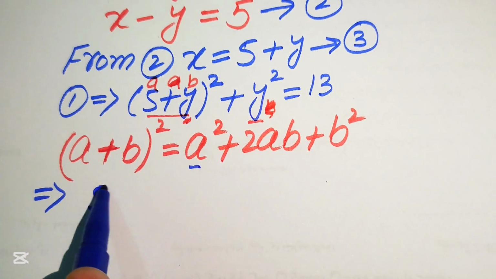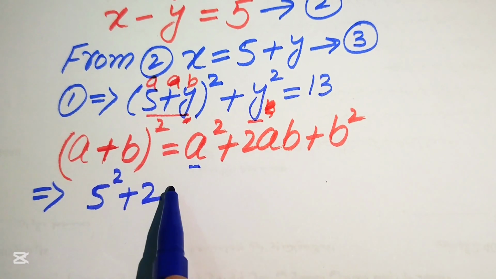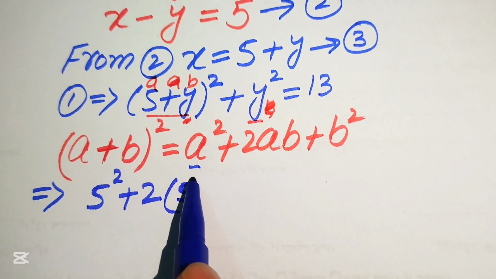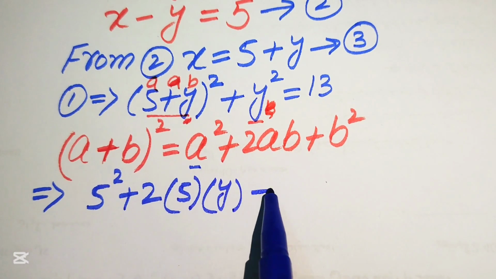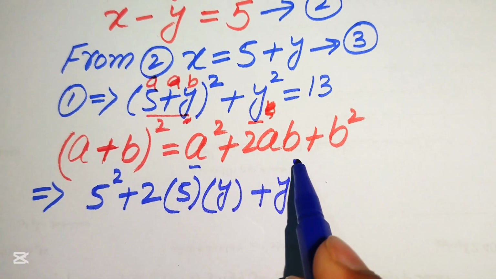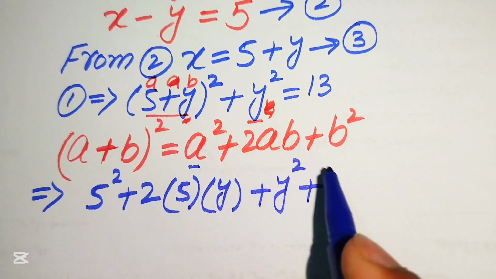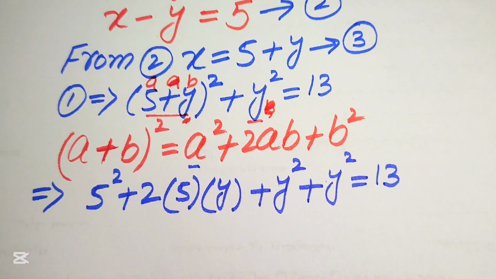It will be written as 5 square plus 2 times ab, here our a is 5 and b is y, and plus b square. So here our b is y, it becomes y square, plus this y square equals 13.